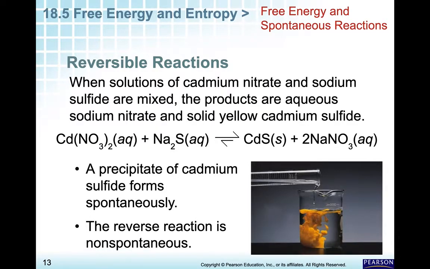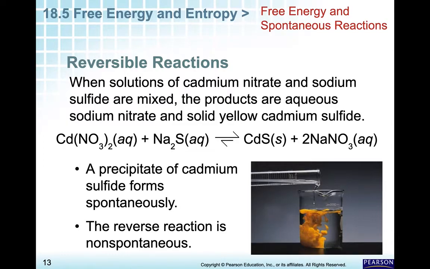Another example, if we mix cadmium nitrate and sodium sulfide, the products are aqueous sodium nitrate and a solid precipitate of yellow cadmium sulfide. And so we have this reaction written here, again with the two-way arrow, because it is reversible. It does establish an equilibrium. But the forward reaction is the spontaneous one.